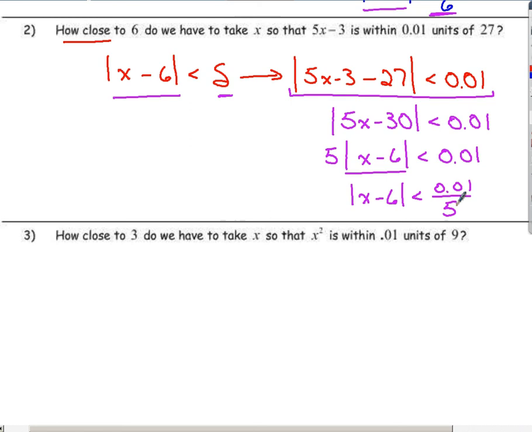What we're comparing that absolute value to over here is 0.01 over 5. We make the connection back to this part. That must be our delta. So we slap a little therefore statement on there and we say let delta equal the 0.01 over 5 that we found. There's your answer.